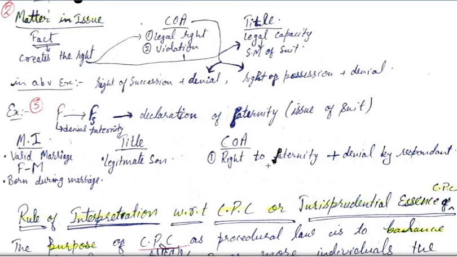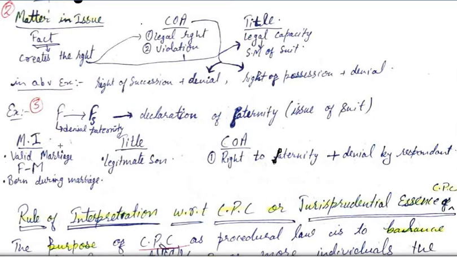Now title: you say FS is the legitimate son. So in the capacity of being a legitimate son, he has filed the suit. So legitimate son or sonship, whatever you write. Now what is the matter in issue? Now you will see on the basis of what he is alleging. To prove that he is a legitimate son, on what facts would he give evidence?